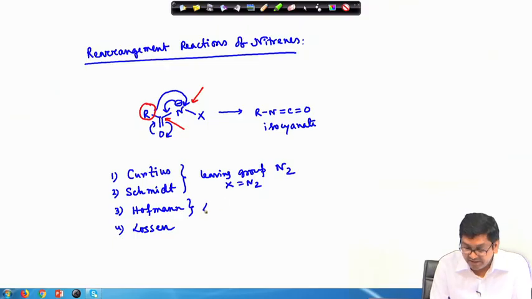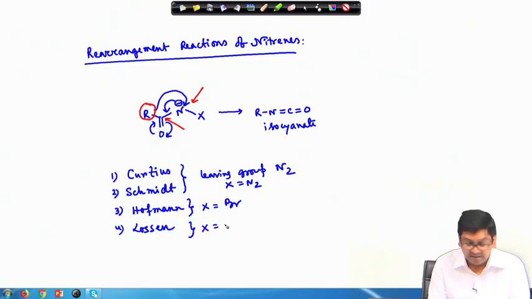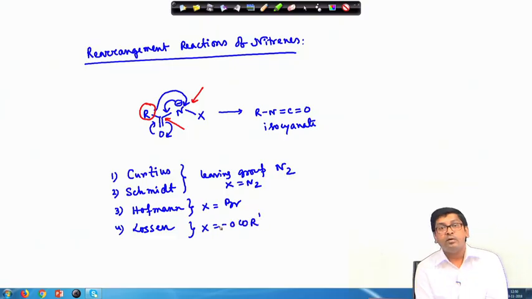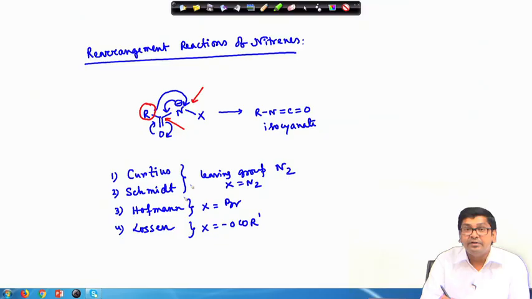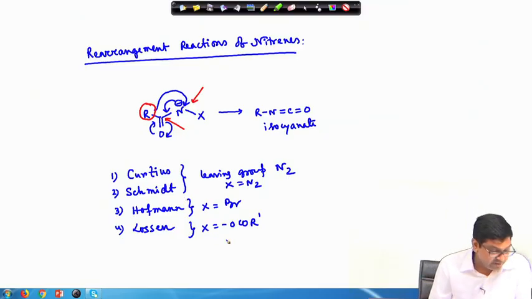In this case X equals bromide, and in this case X equals an acyl derivative of hydroxyl, that means an O-acyl group, OCOR prime. So, these are the basic differences between these four types of reactions, though in general they pass through a similar reaction pathway.